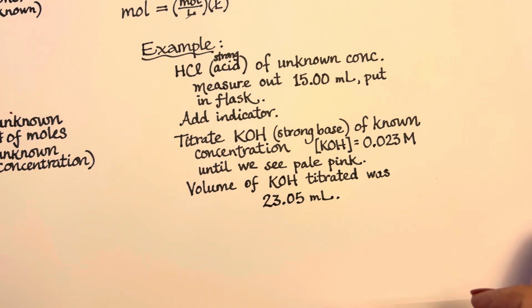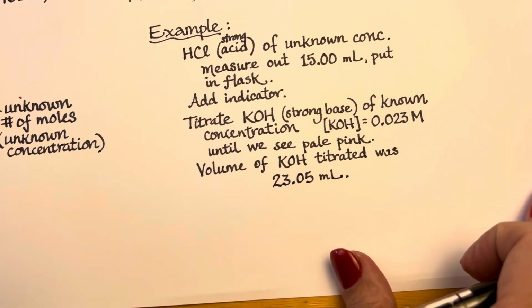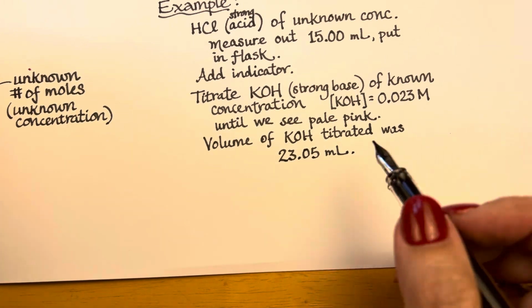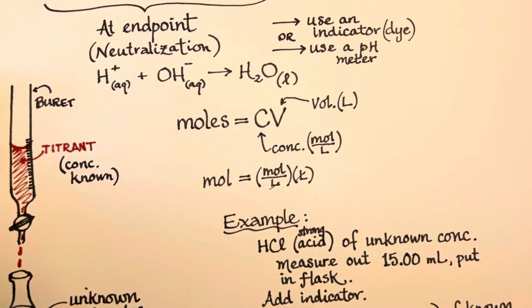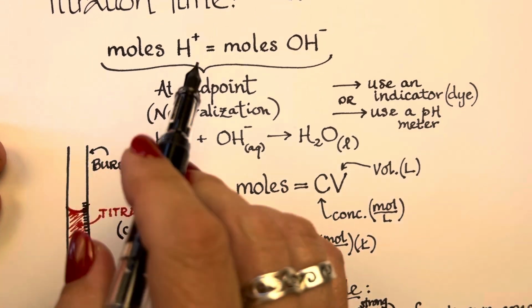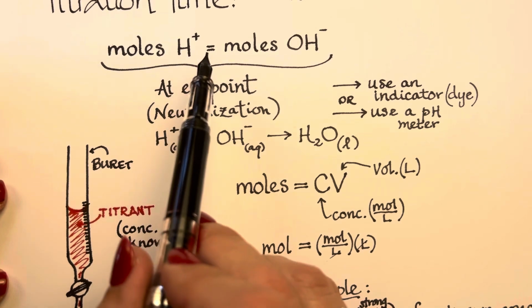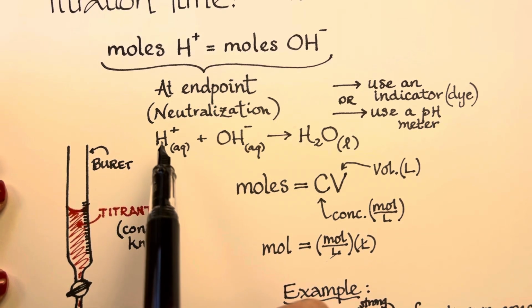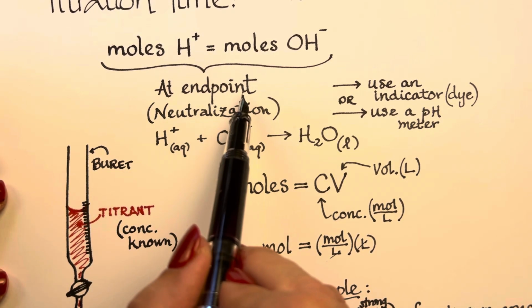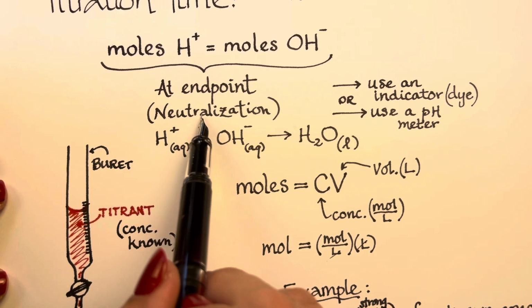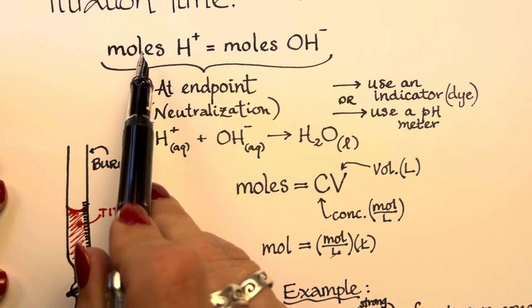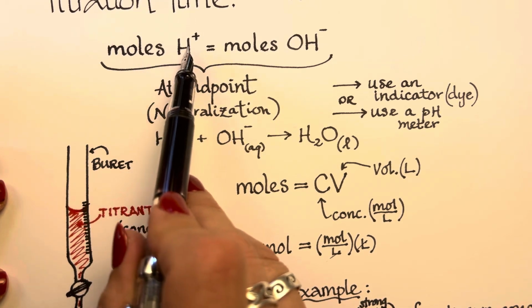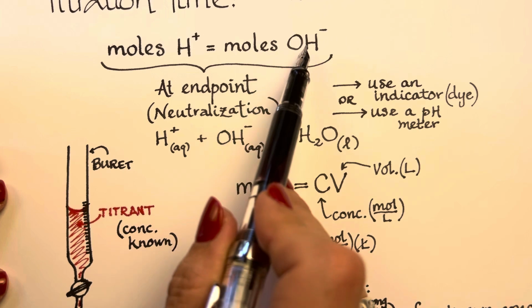So what does this mean? Okay. What's our next step? Well, we go back to this idea here that if we are doing a strong acid-base titration at the endpoint where we have now neutralized the acid, we know that the moles of hydrogen ion equal the moles of hydroxide ion.